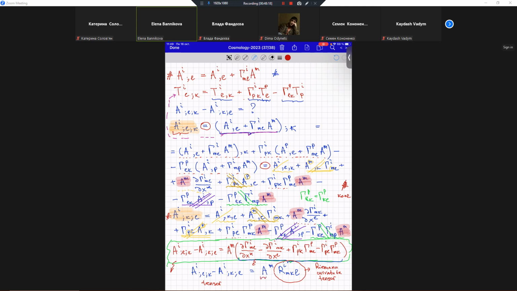This is also a tensor, because we agreed that this is a vector, a tensor of the first rank, and we proved that this vector is transformed as a tensor. So it means that this is also a tensor.